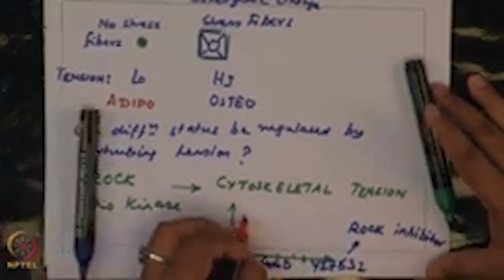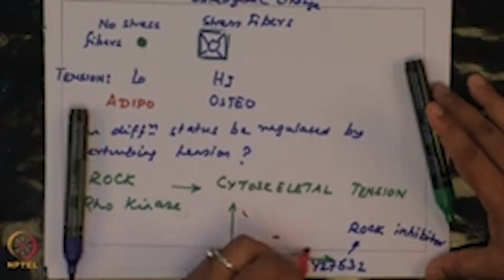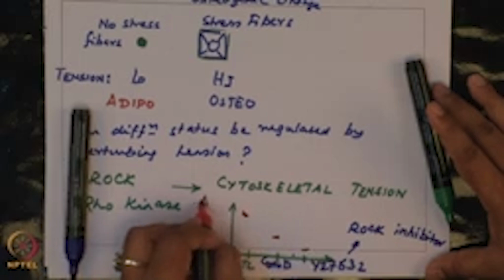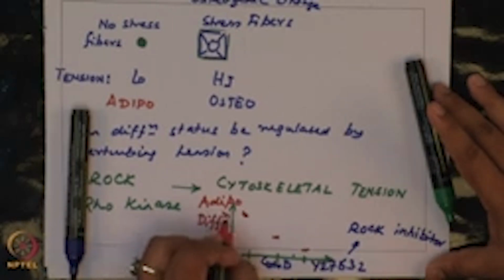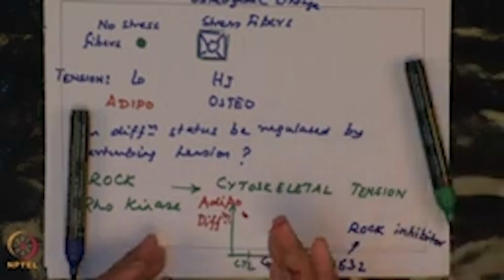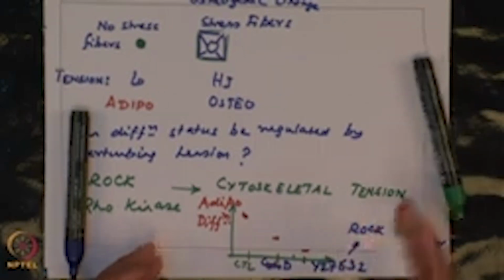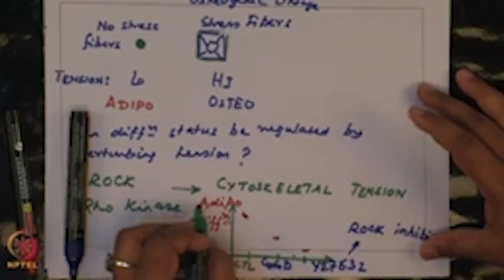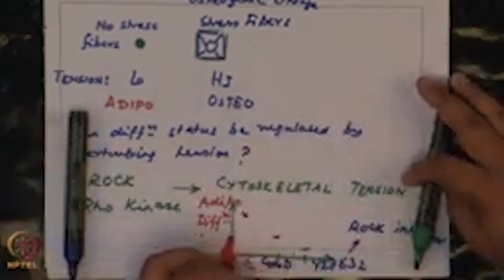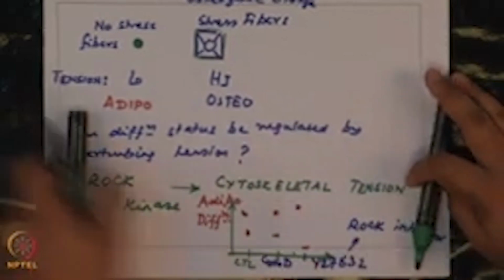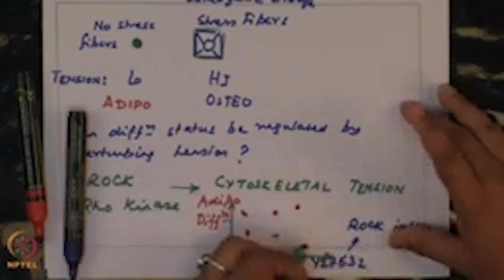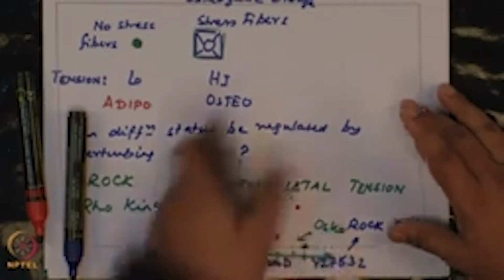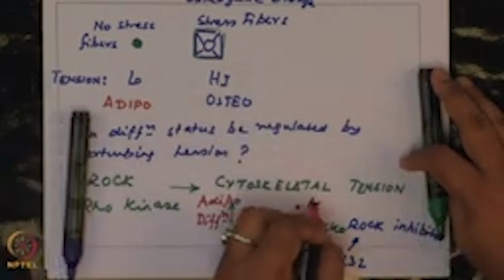Once again, this is osteo differentiation and this is adipo differentiation.